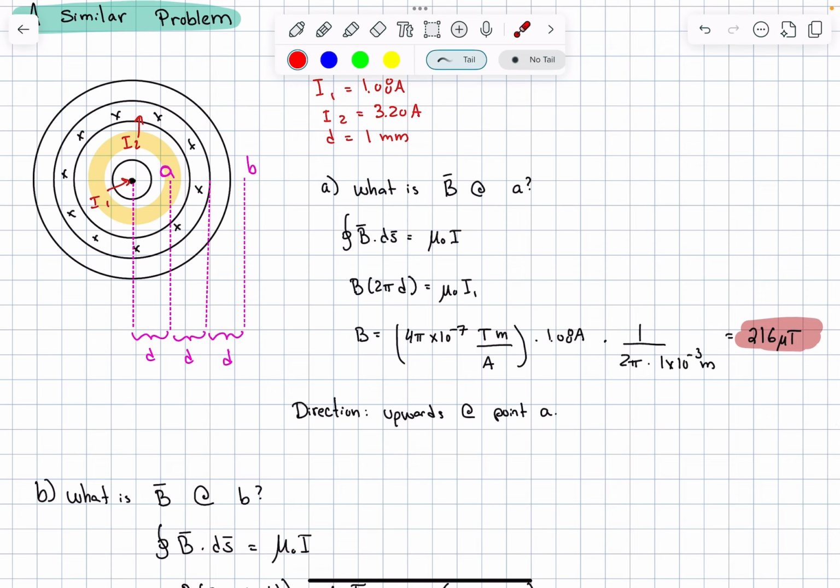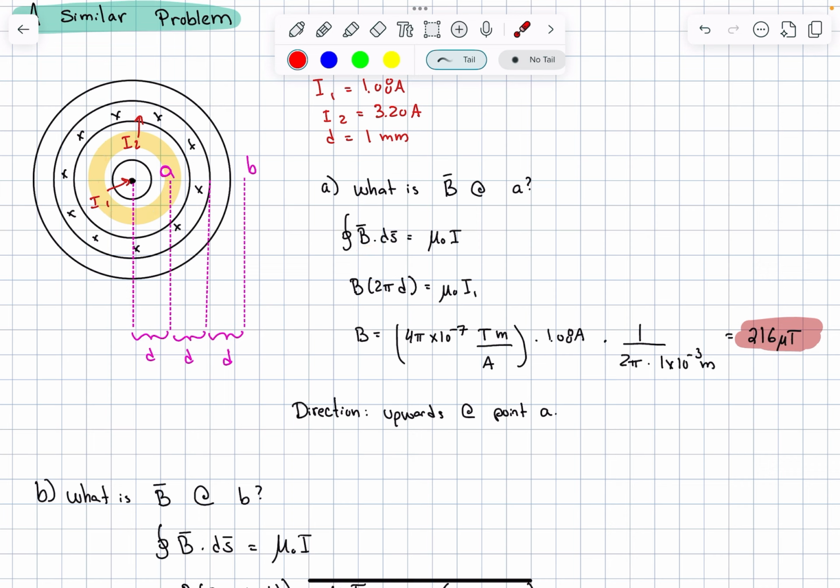We also know that whenever we have a situation of this simple geometry, B and ds are in the same direction, so they're parallel. So B dot ds is just B ds. And because we have a very simple geometry and everything's uniform, B is the same at every point, which means we can pull B out.